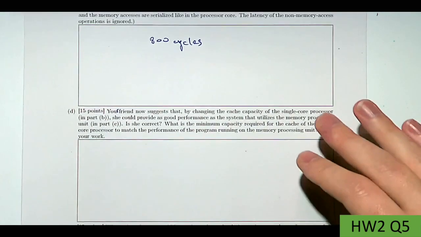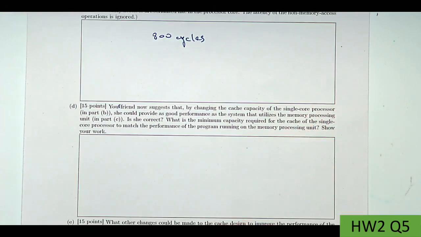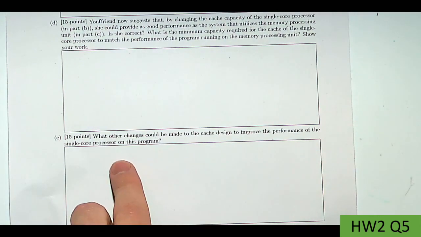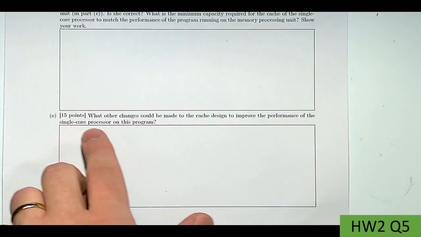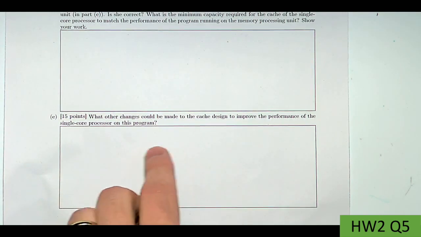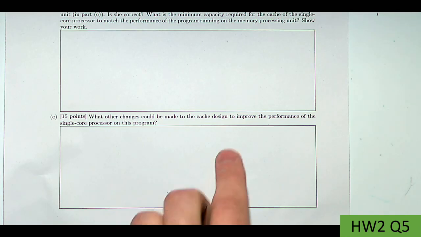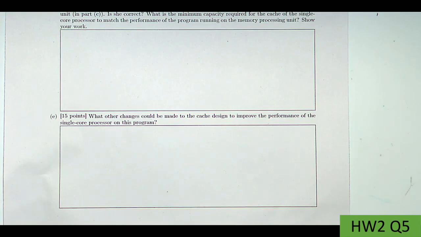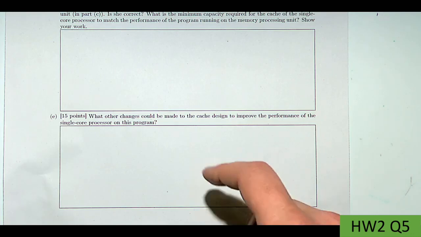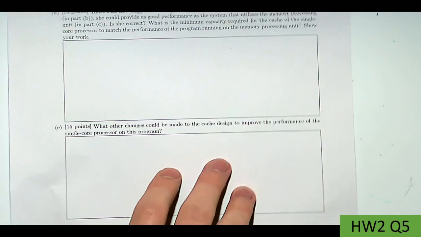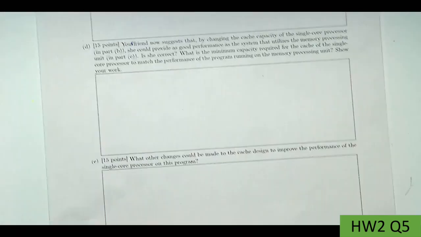So in this part, you just change the cache by increasing the number of entries you have in the cache. And in the fifth part, part E, it asks how you can change the cache design while keeping the capacity the same, or potentially increasing the capacity, to improve the performance of the design with cache. And here the answer will be, so what was the problem with the previous cache design?